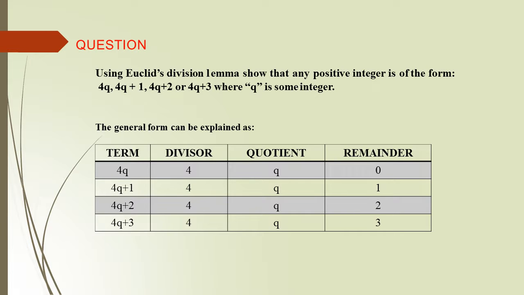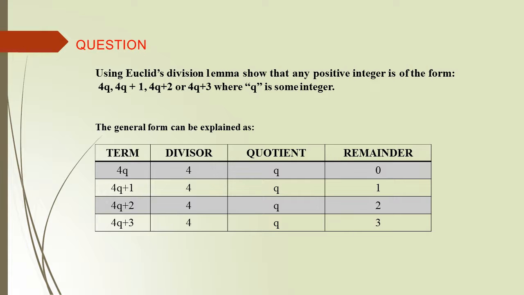So I'm doing a recap of the questions that I had given you earlier to solve. There's this question: using Euclid division lemma, we have to show that any positive integer is of the form 4q, 4q + 1, 4q + 2 or 4q + 3, where q is some integer.